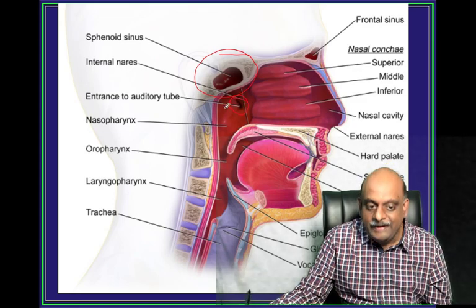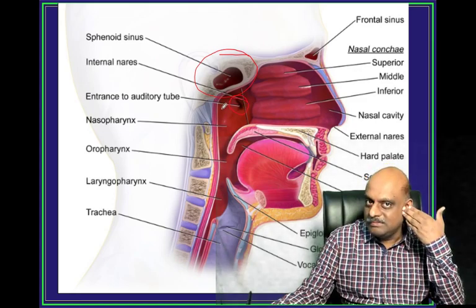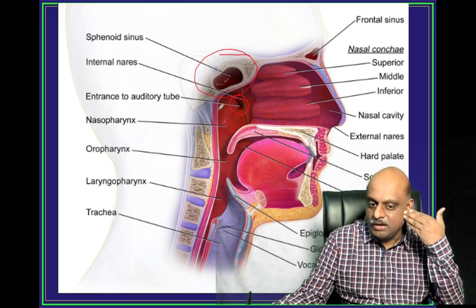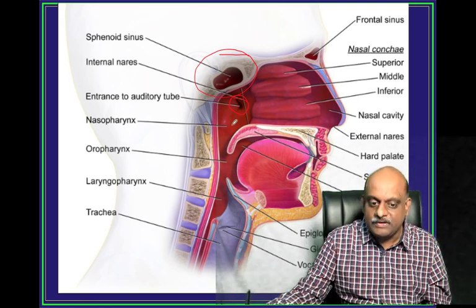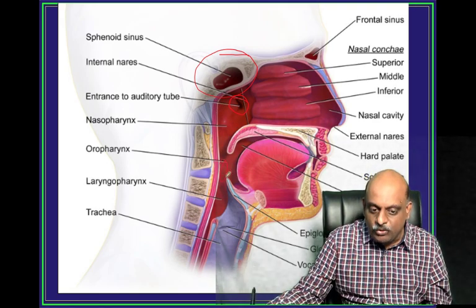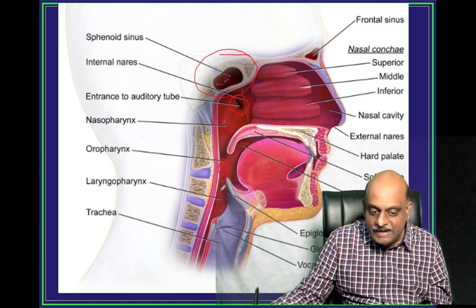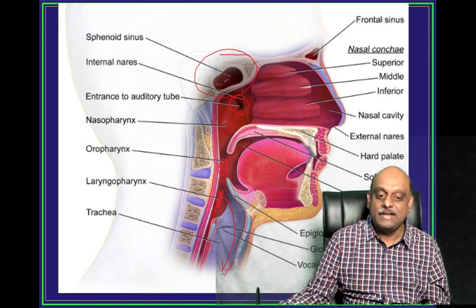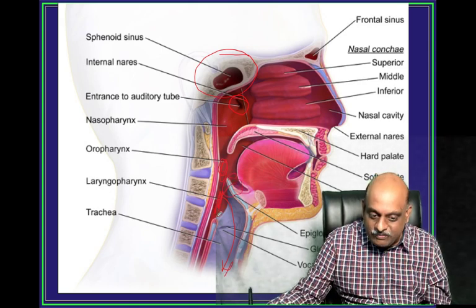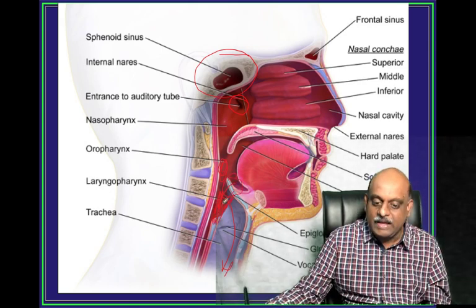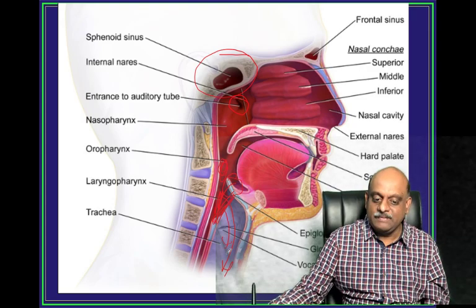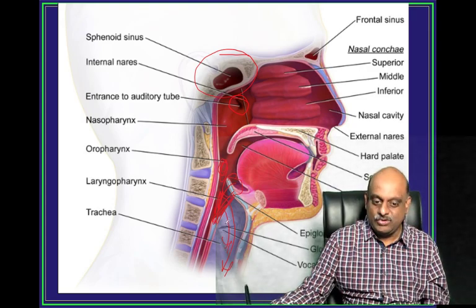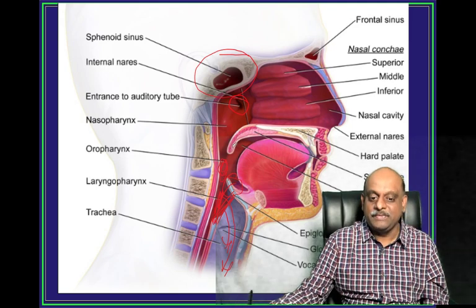This is the entry of the auditory tube into the nasopharynx, and this is the oropharynx, this is the laryngopharynx, and this is the trachea. And epiglottis is the one which is sealing. It is a gatekeeper for this glottic area so that the food does not enter into it.